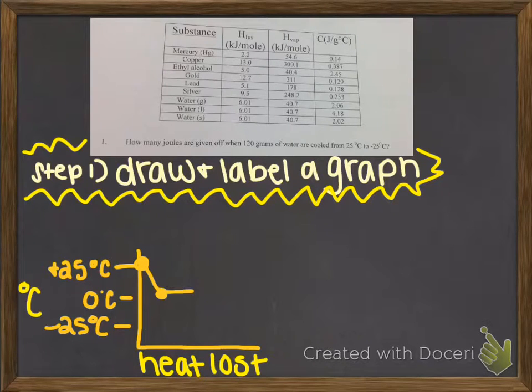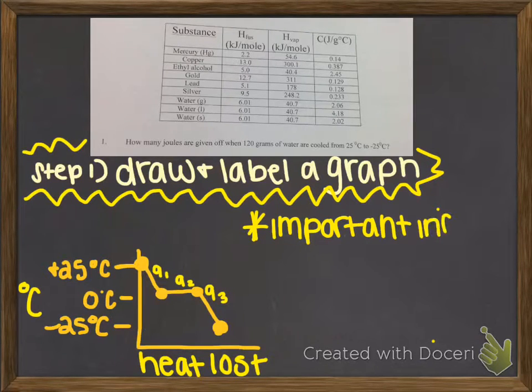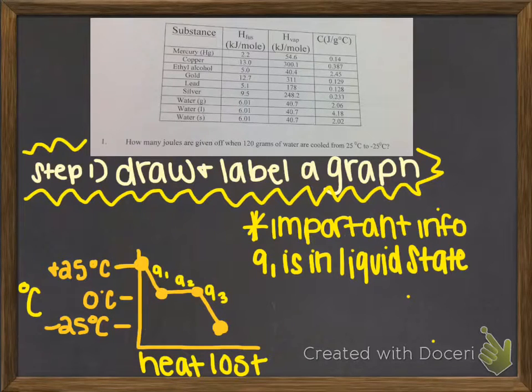Then you can go ahead and draw your graph and label each part of the graph because it really helps you later. This is an extra step that I like to take. It really helps me sort out the information that I'm going to use later on in the problem. What I do is I write what state each Q is in.